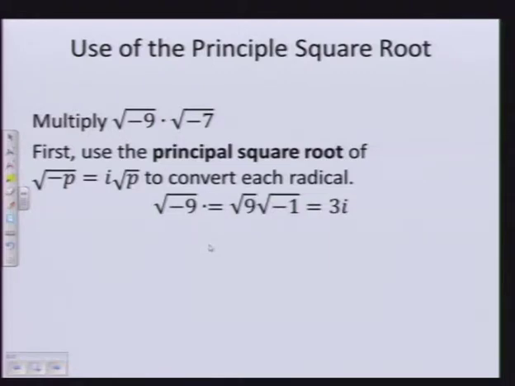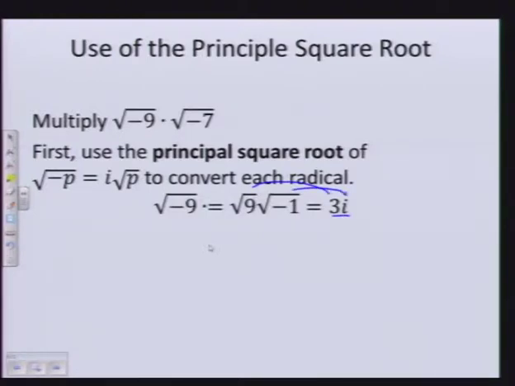We've seen in a previous program that we could separate out the radicals this way. So the square root of 9 is 3, and then we convert the square root of -1 into i, so we end up with 3i.